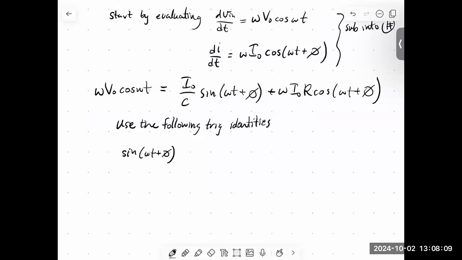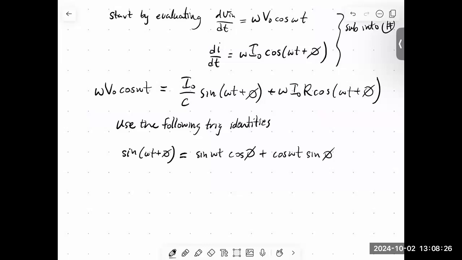So we have sine of a plus b, where a is omega t and b is phi. We could rewrite that as a product of sine omega t and cos phi plus cos omega t sine phi.